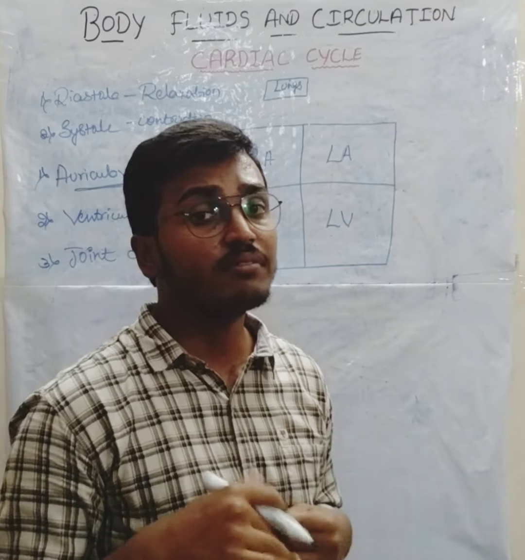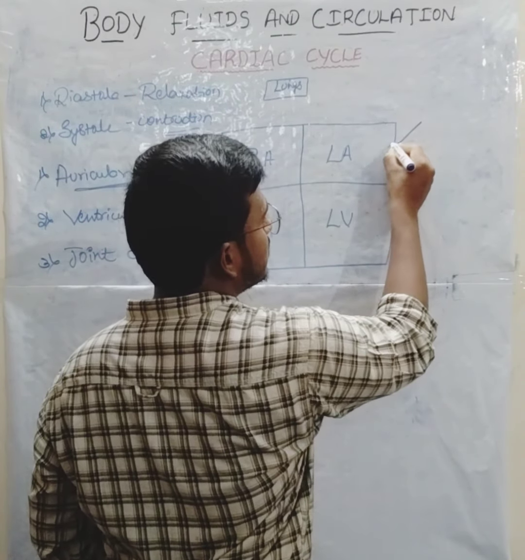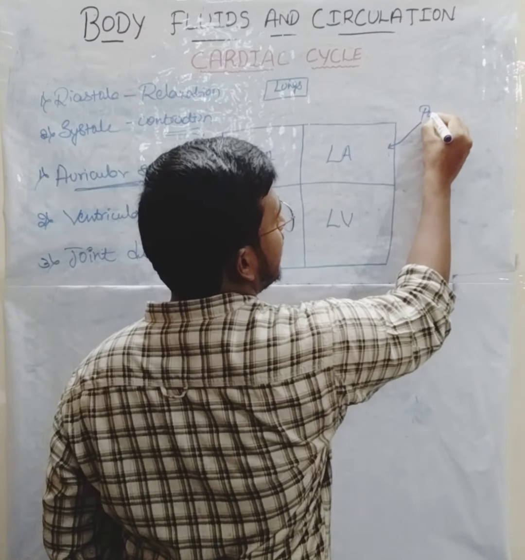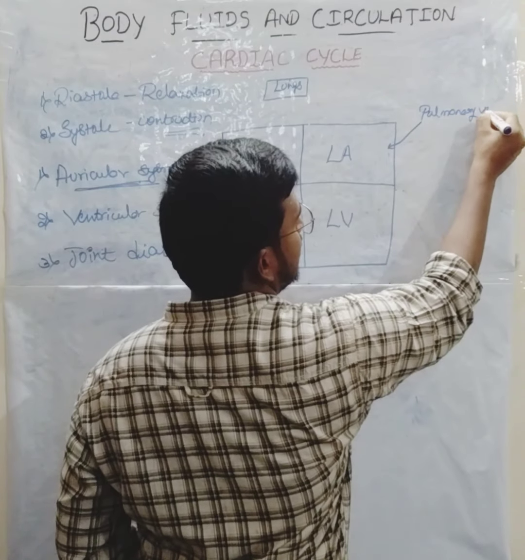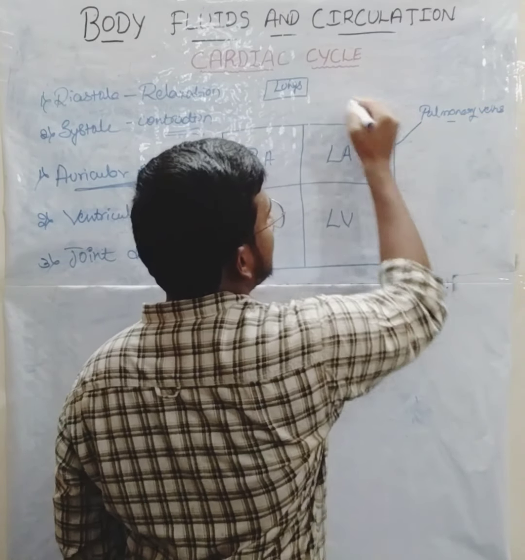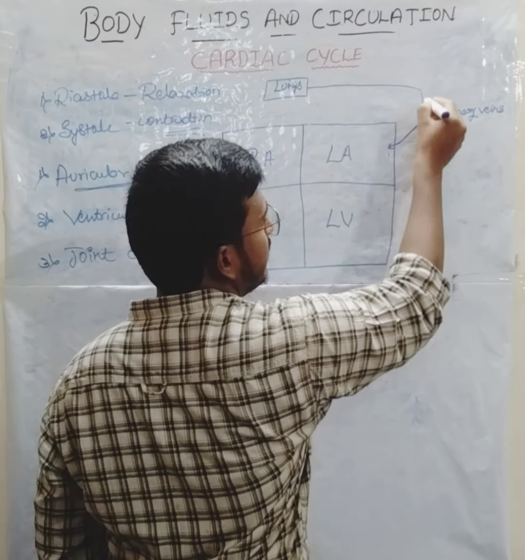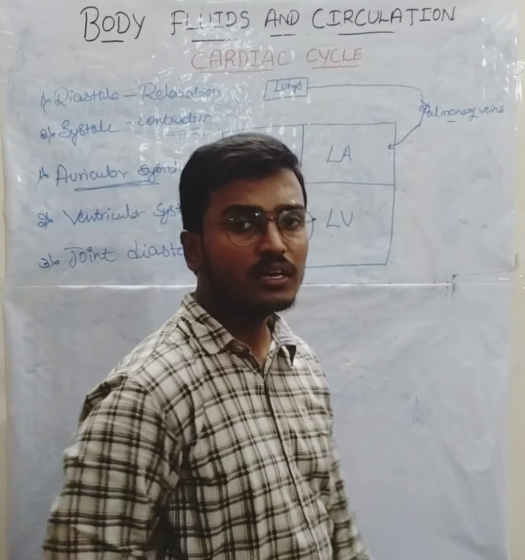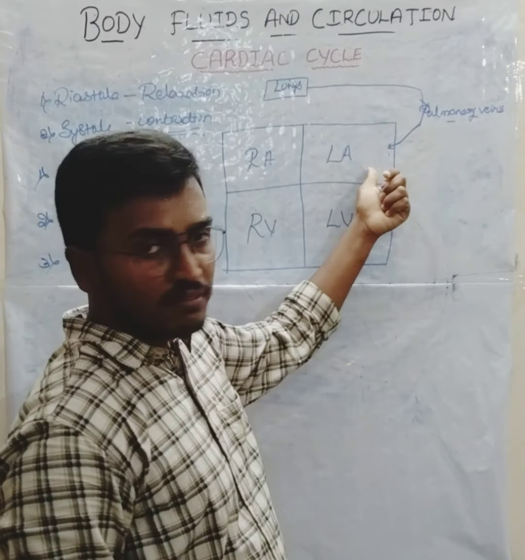From where is it moving? From the pulmonary veins. The blood is moving to the left auricle from the pulmonary veins, through the lungs. So blood is moving from the pulmonary veins to the auricles.